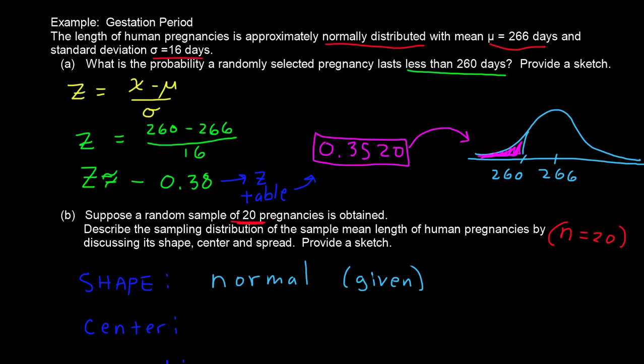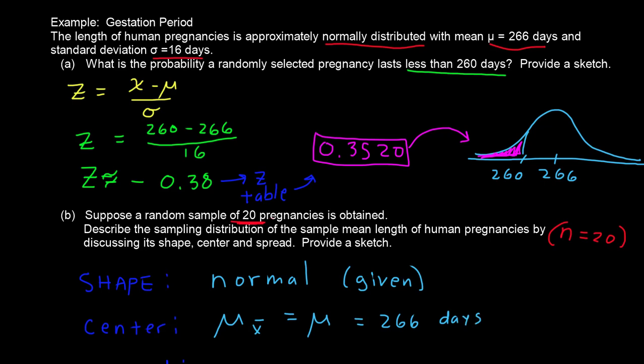Now the center of this normal distribution, we'll draw a picture in a moment. This is the mean of the sampling distribution. It should just be equal to the population mean. But again, that was given information up here. So I'm just going to take that info and just say 266 days.